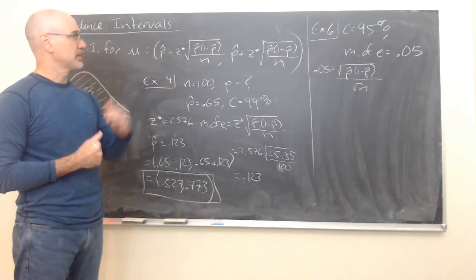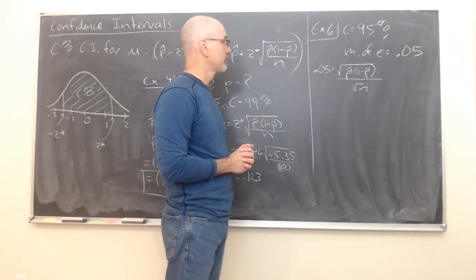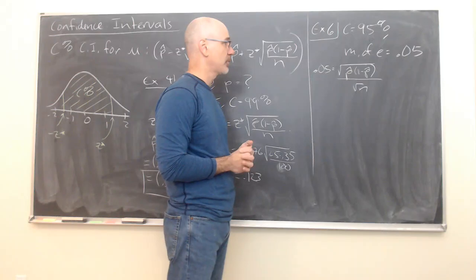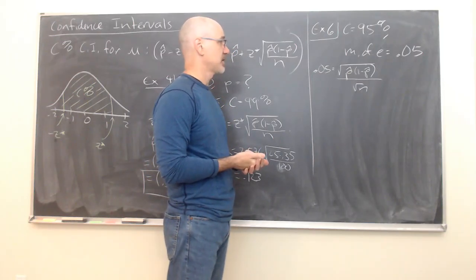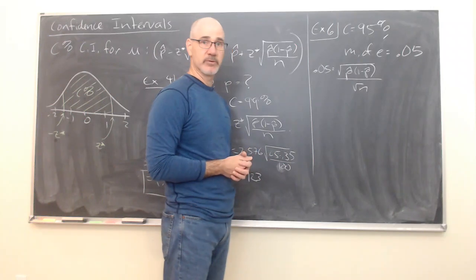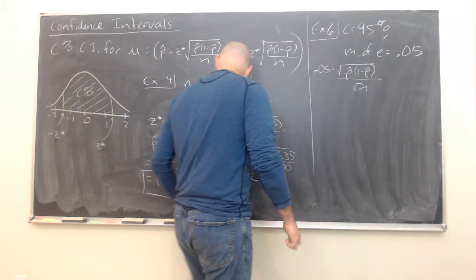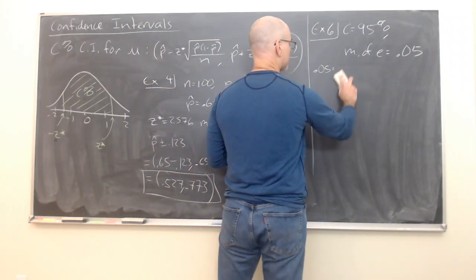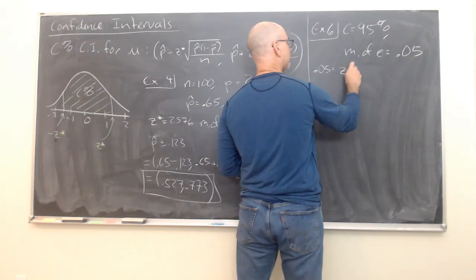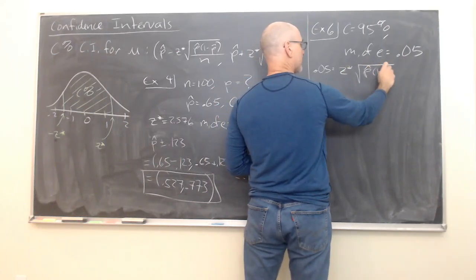So that's the setup for example 6, where we want to be 95% sure that we're within plus or minus 0.05 of the true proportion, which is another way of saying the margin of error has to be 0.05. This is a little quick, right? It has to be z star times the square root of p hat times 1 minus p hat over n.